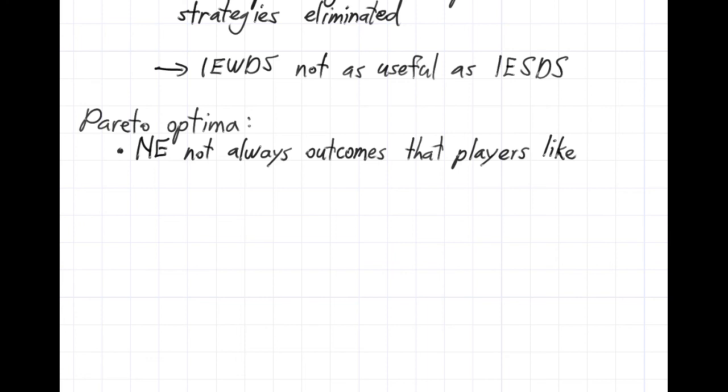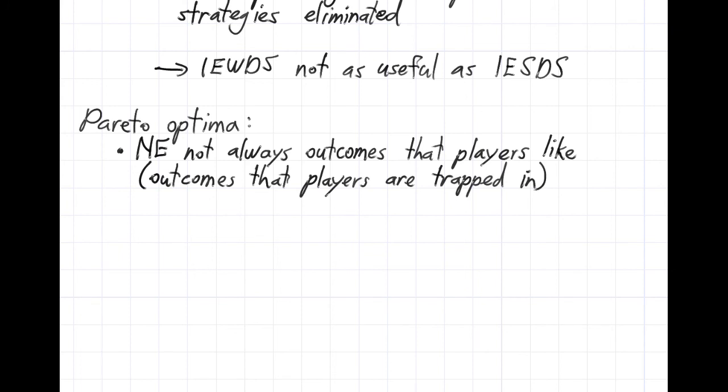It's perhaps more useful to think of them as the outcomes that players are trapped in. You see, the Nash equilibria doesn't tell you anything about how to choose a strategy, but rather once you've settled on an outcome, it tells you that you're unlikely to deviate, to unilaterally switch away from that strategy.